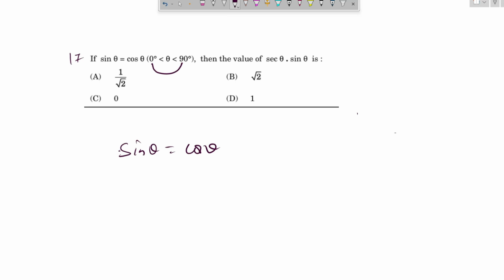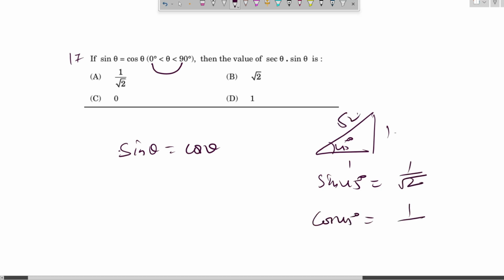So let us check with 45 degree. What will be my sin 45 degree? It will be equal to 1 by root 2, and cos 45 degree will also be equal to 1 by root 2. Therefore my theta is equal to 45 degree.